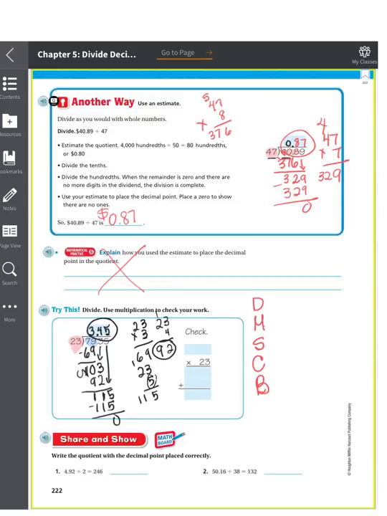So to check, you're going to multiply 23 times 3.45.